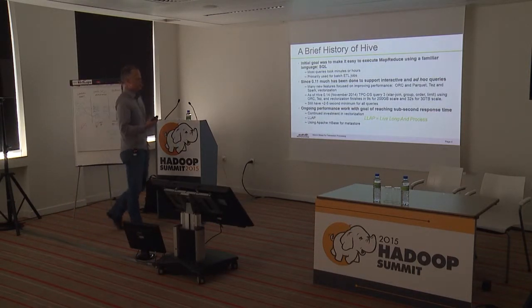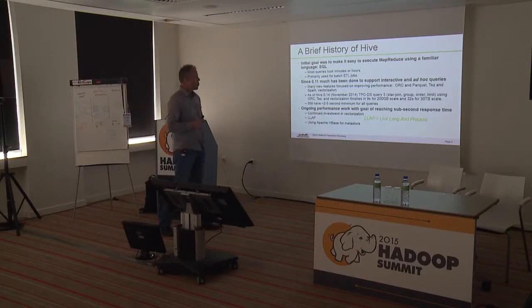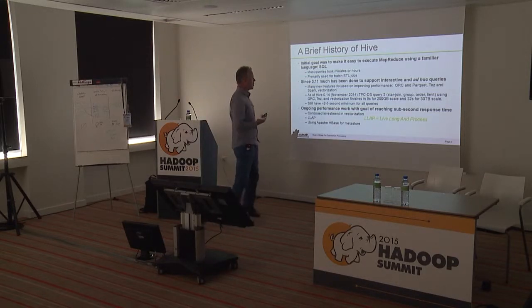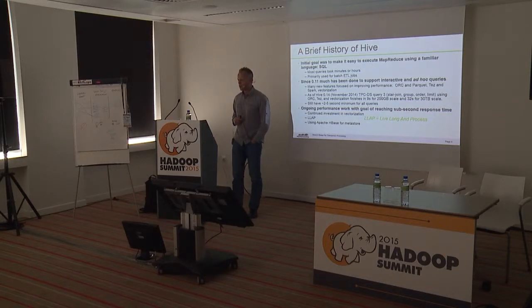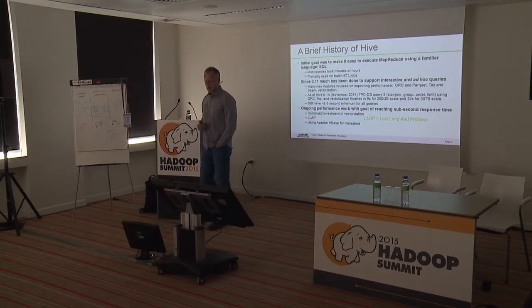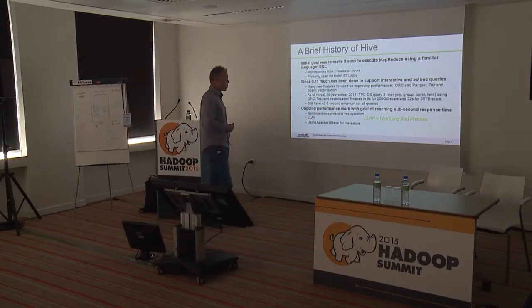I'm going to assume that most of you here are familiar with Hive and what it does, but basically it started out as a SQL engine to execute MapReduce jobs. That was what it was built for. Originally things took minutes or hours, and that was fine, it was used for big batch.